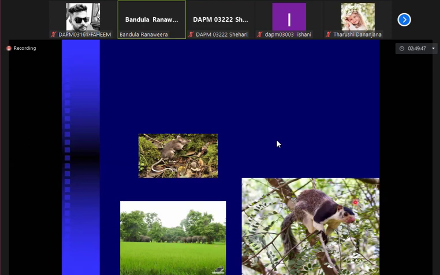Giant squirrels and another animal species are damaging fruits, vegetables, and immature coconuts are damaged by that group, including giant squirrel. Monkeys? Monkeys, yes, toque monkeys. They are a serious pest nowadays.